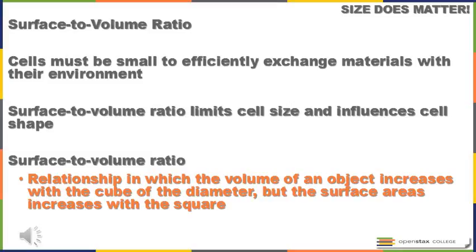So now we're going to talk about the interior of a cell, the diameter of the cell, in that the surface to volume ratio is very important. As the slide says, size does matter.